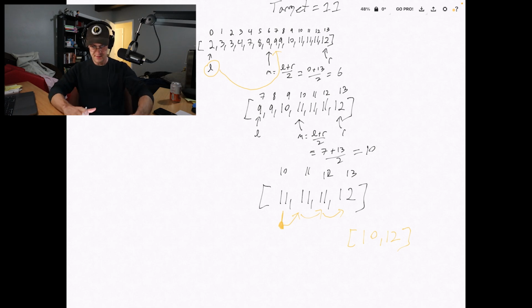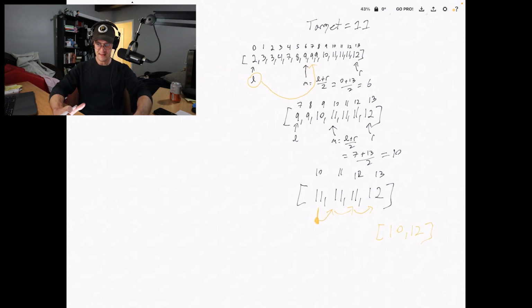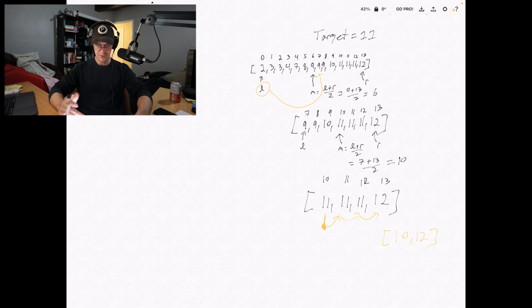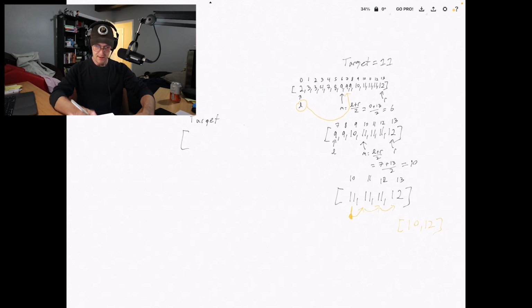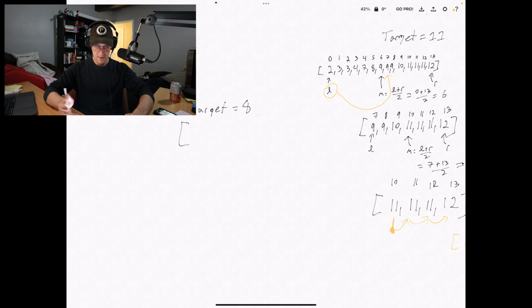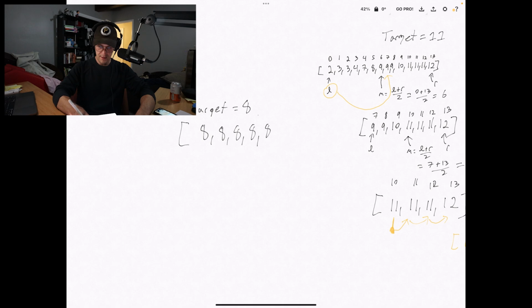And so to just kind of emphasize why that is the case, let me draw out a new array over here. So right before we had those 3 11s, but let's say right now our target is going to be 8. And let's say that our array is just nothing but 8s.